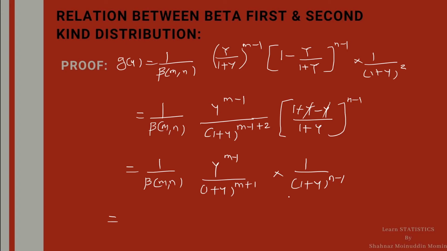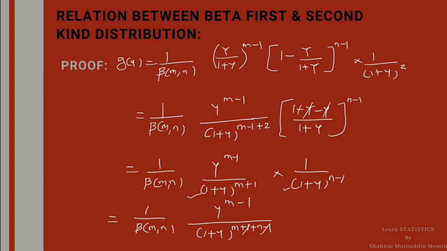By combining 1 plus y together, we get 1 upon beta m n, y raised to m minus 1 upon 1 plus y raised to m plus 1 plus n minus 1, by combining these two terms.